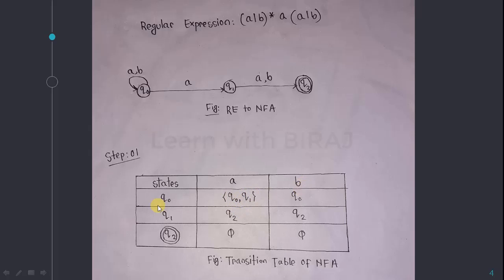The next, Q0 with B input goes only to itself. So here we write Q0.